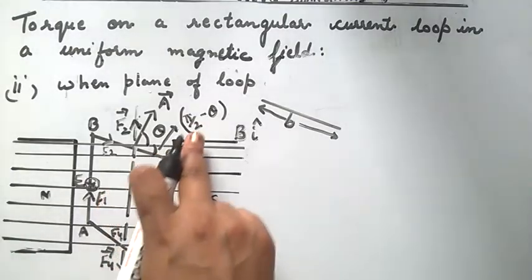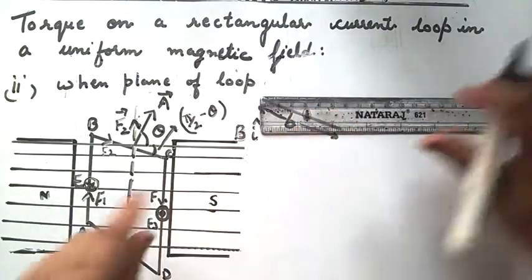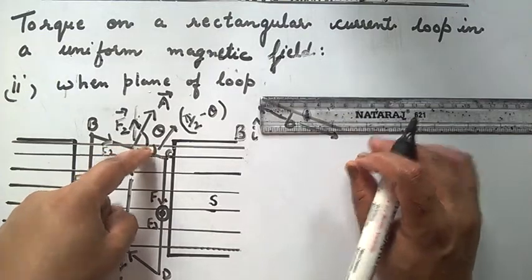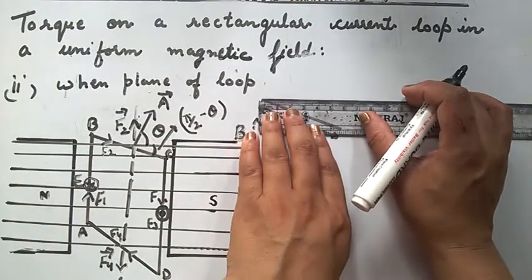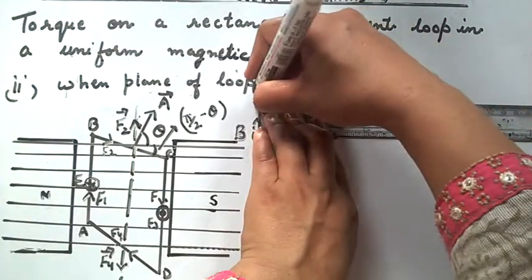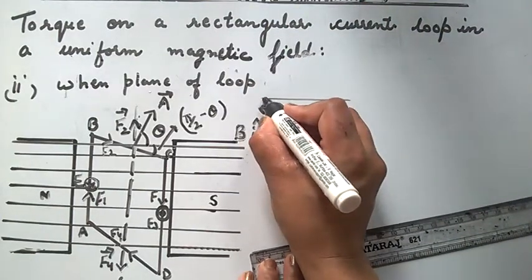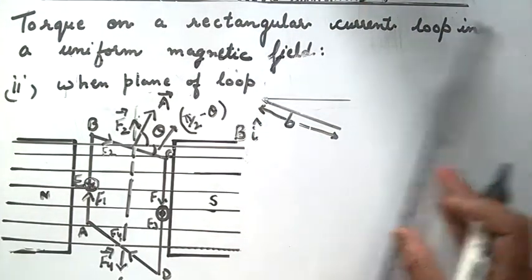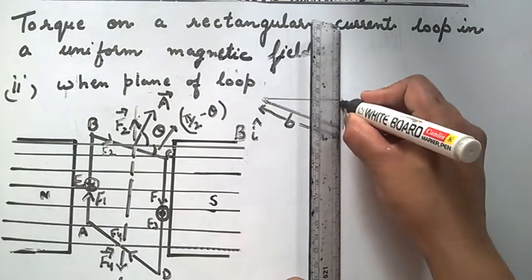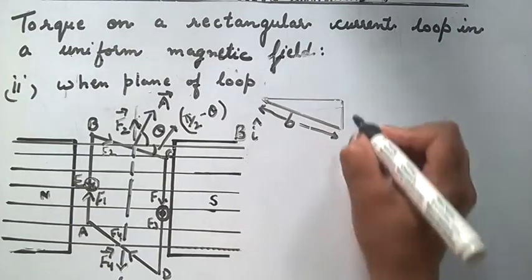So let's join it, because here we are considering this angle, and this is equal to horizontal line parallel to magnetic field, and when we join these two lines, this is a right angle triangle. So this angle is equal to pi by 2 minus theta.